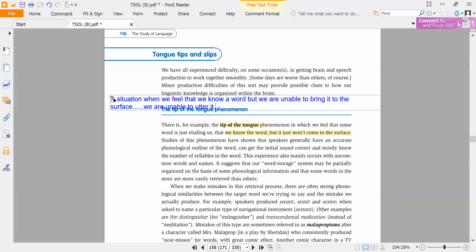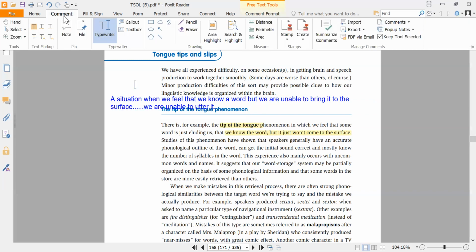By utter it, I do not mean the phonological ability of uttering a word, right? By utter it, I mean it's difficult for us to recall that word, right? So this situation is actually called tip of the tongue.